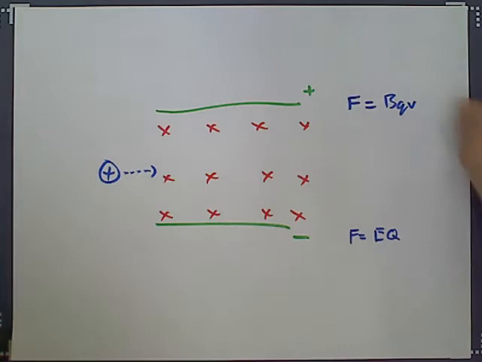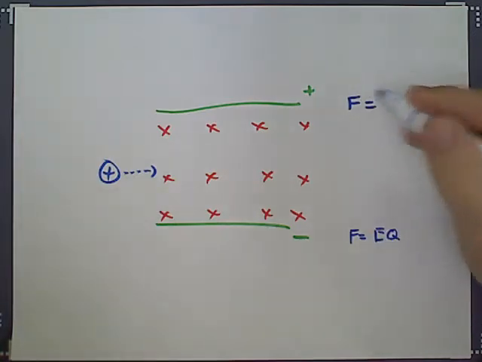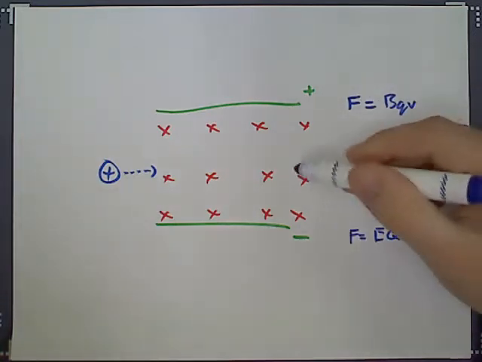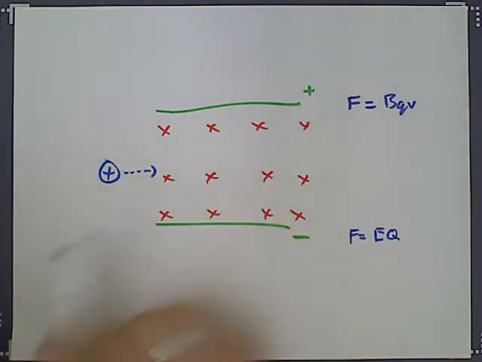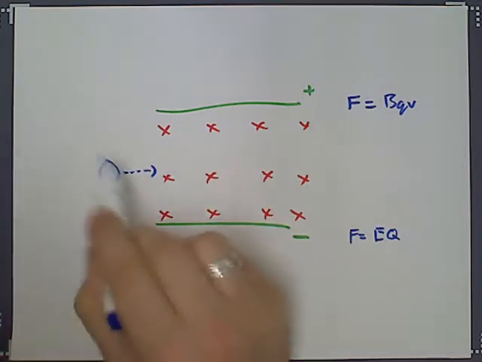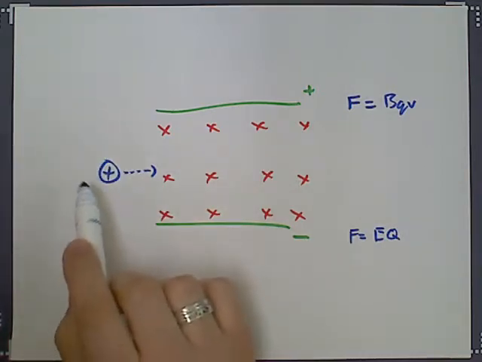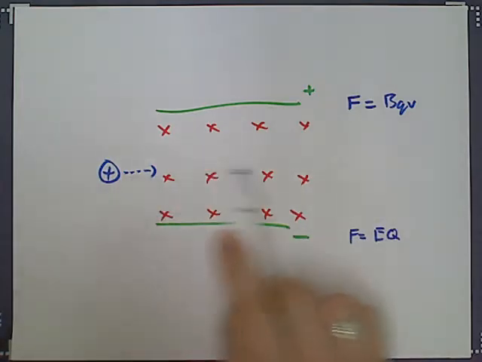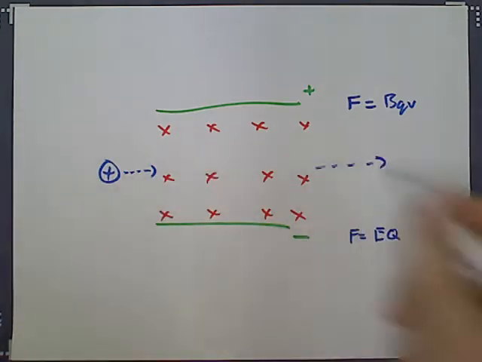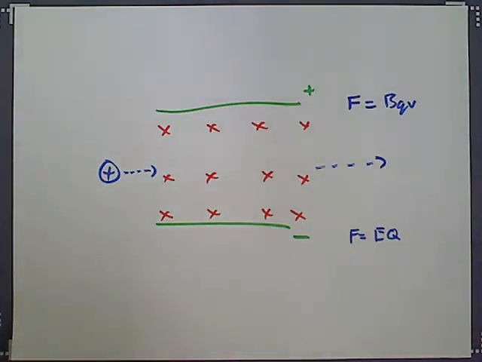Well, what's really interesting about this relationship is it's used to create a velocity selection mechanism. So we can select the velocities of particles that are emitted. So you might have a number of different particles that are moving at different velocities through here, and we want to make sure we get the correct velocity coming out the other side for whatever reason.